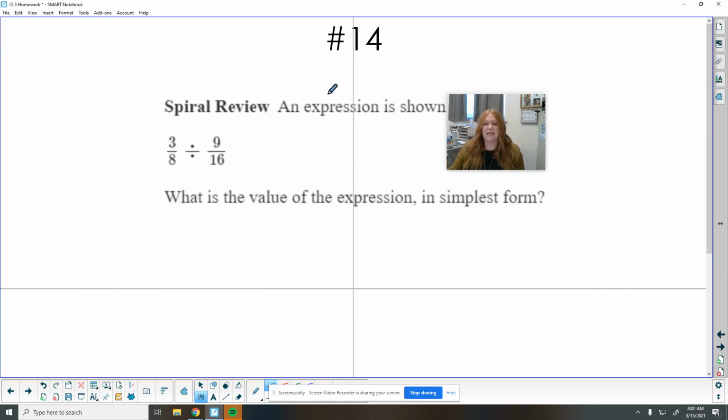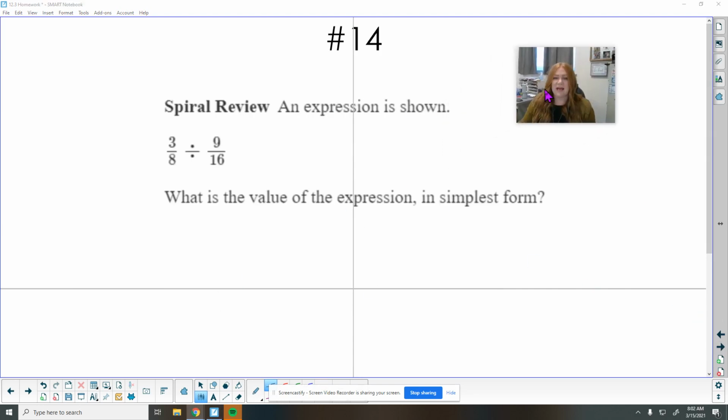Number 14 tells us that this expression is shown here. What is the value in simplest form? I can't easily do 3 divided by 9 and 8 divided by 16. I could do it the other way, but that's not what the problem asked us to do. We can't just move things around when we're dividing. That gives us a different thing.